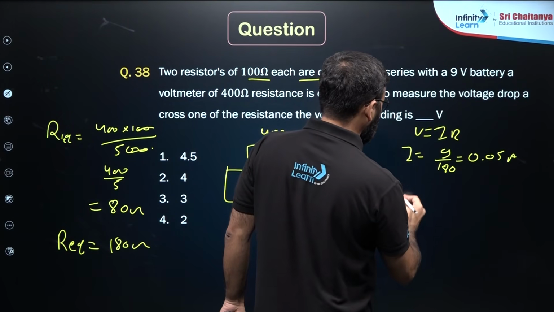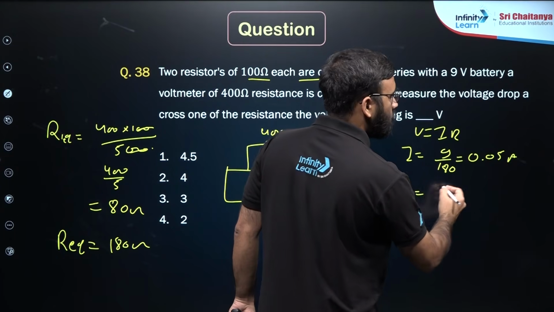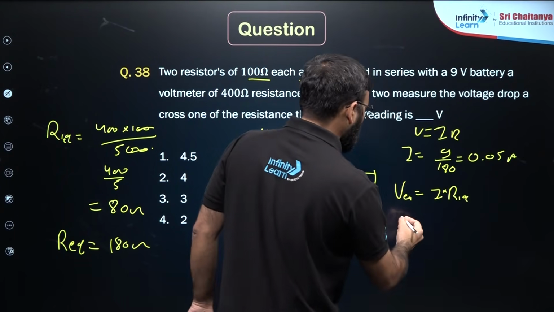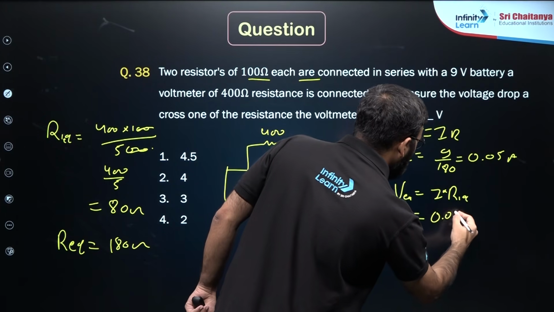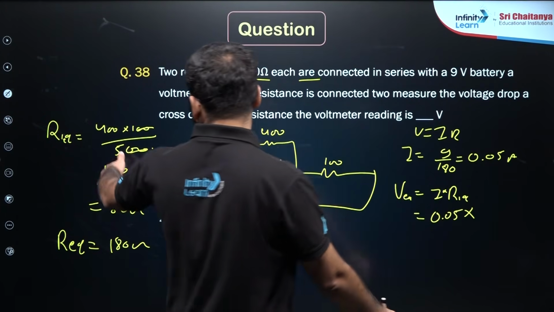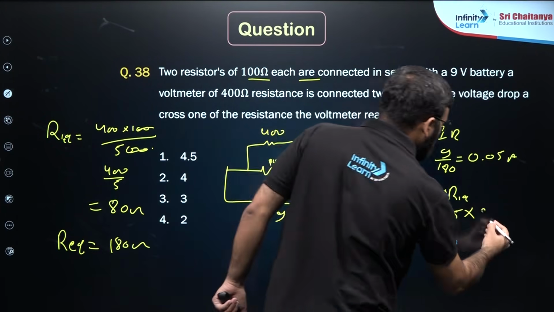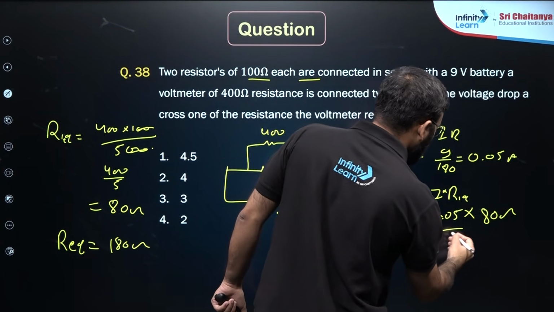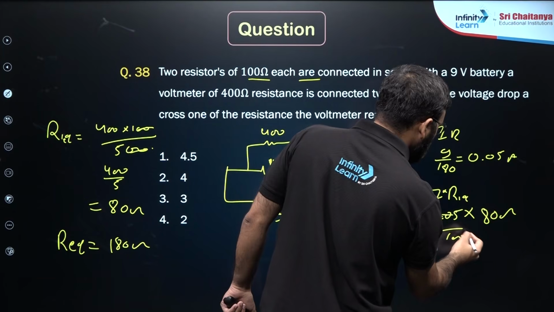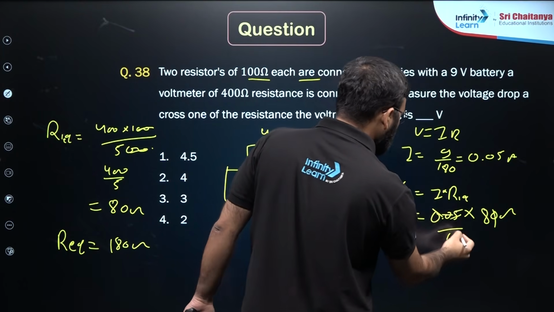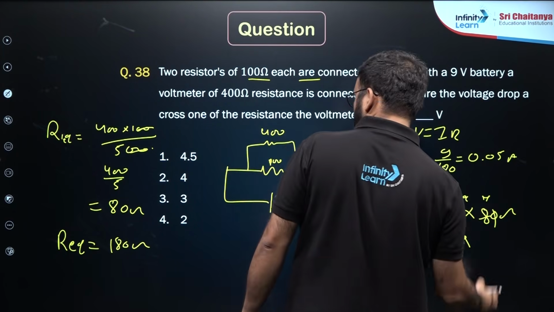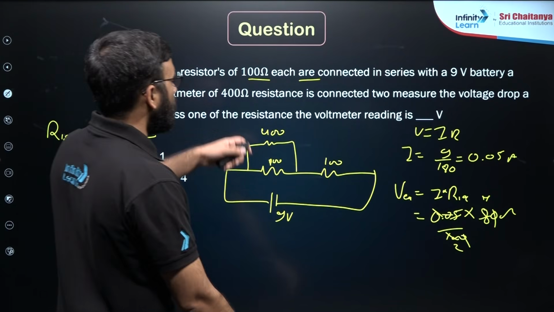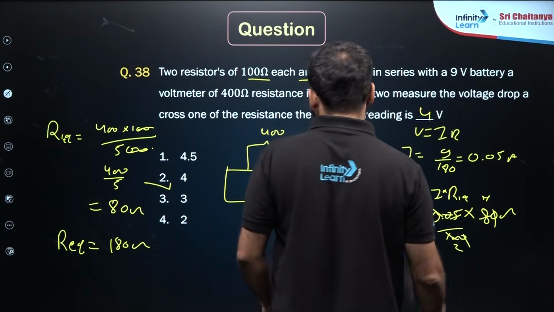That is I into R1 equivalent. I is 0.05, and R1 equivalent is 80 ohm. So you can get 4. So option B is your correct answer, beta. The reading of the voltmeter is 4 volt, okay beta.